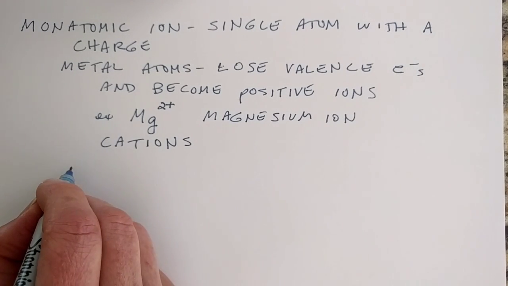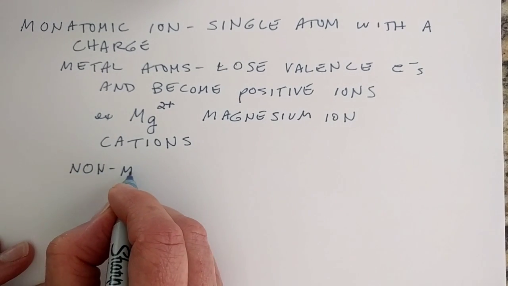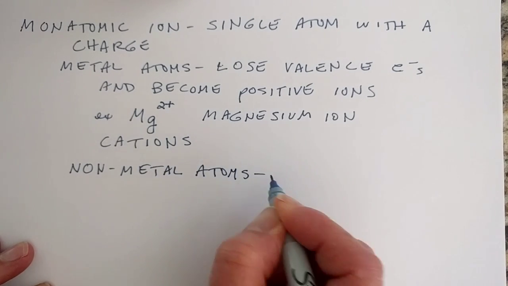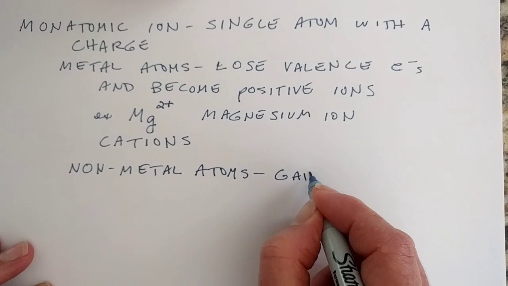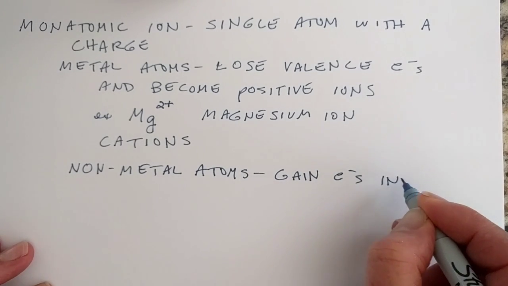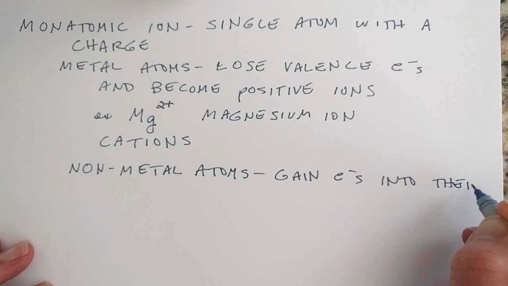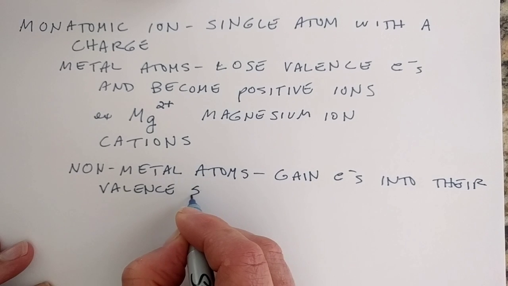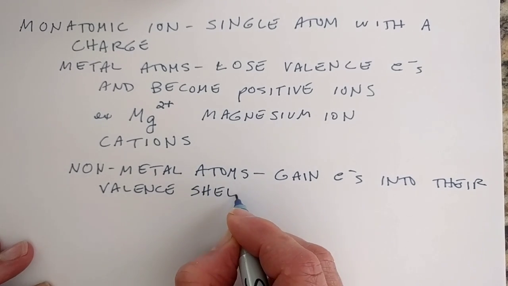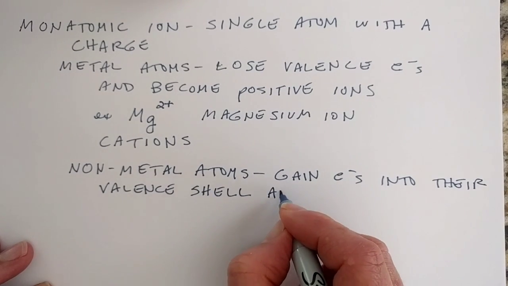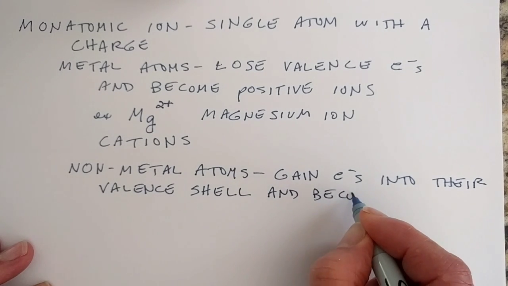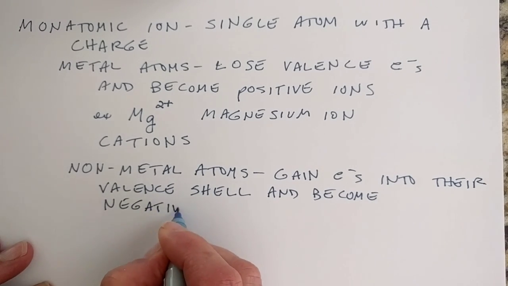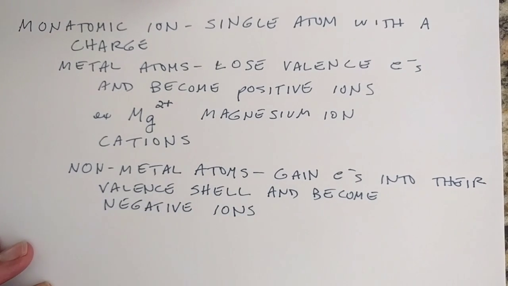All right, our nonmetal atoms then, always the opposite of metals. Our nonmetal atoms, they will gain electrons into their valence shell, the outermost occupied energy level, and become negative ions.